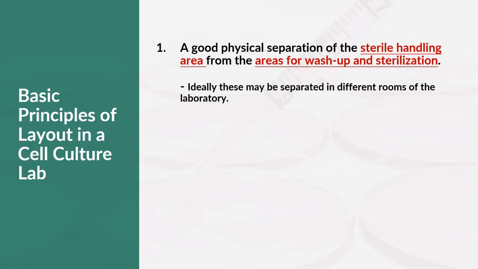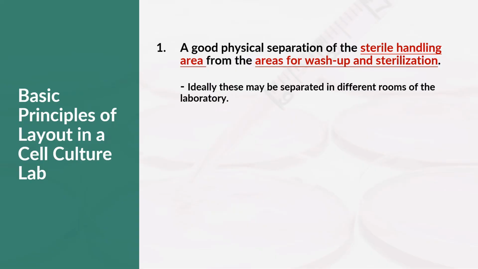There are several considerations that need to be taken into account when you are planning the layout of a cell culture lab. The first one, you can see, is that it is very important that you have a good physical separation of your sterile handling area from the areas for wash up and for sterilization.